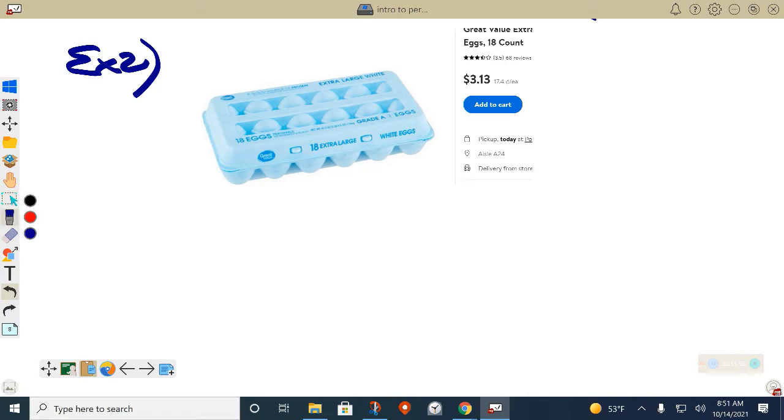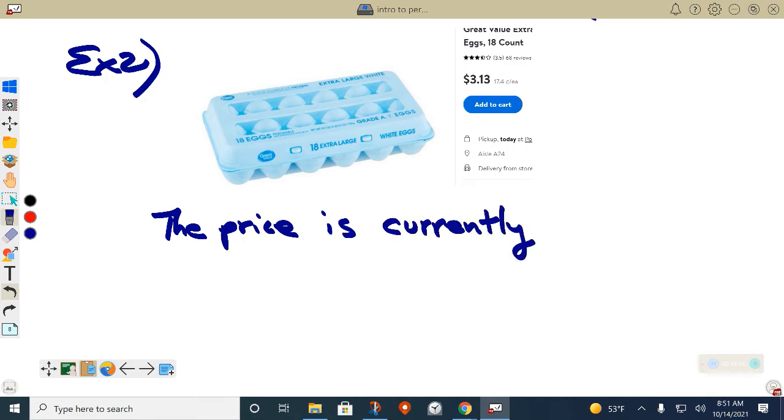Last example. The price of eggs is currently $3.13.